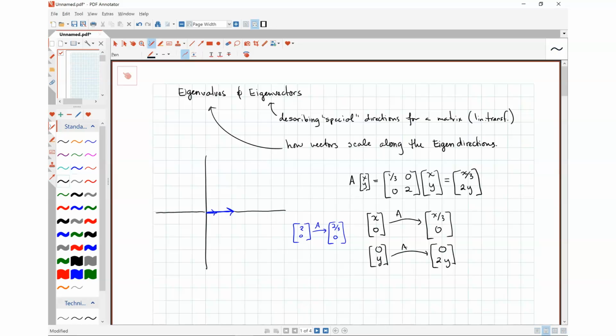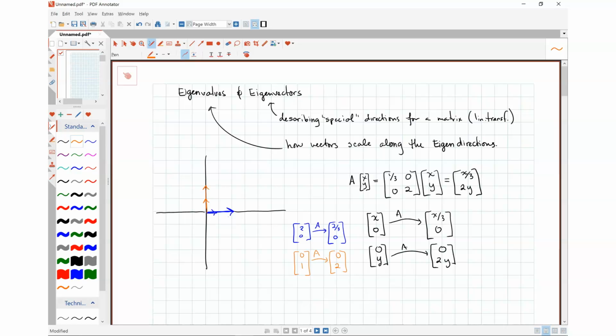And similarly, if I take a vector that's in the y direction and multiply it by A, I'm going to get another vector that's still in the y direction. So if I started with 0, 1, then the result of multiplying by A would be 0, 2.